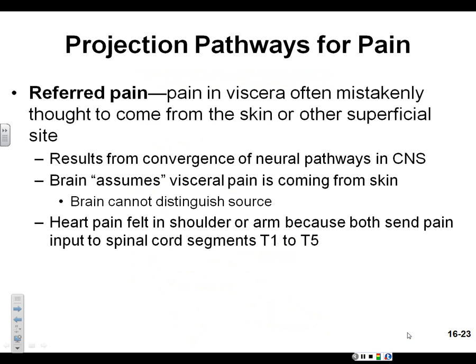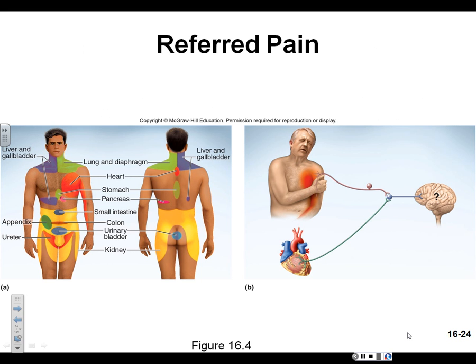Again, I mentioned referred pain. This is visceral pain where the organ itself cannot feel pain, but the pain is referred to some of the anatomical sites along the dermatomes of the skin. So heart pain can be felt in the shoulder, the arms, and the spinal cord segments, anywhere from the first thoracic to the fifth thoracic vertebrae.